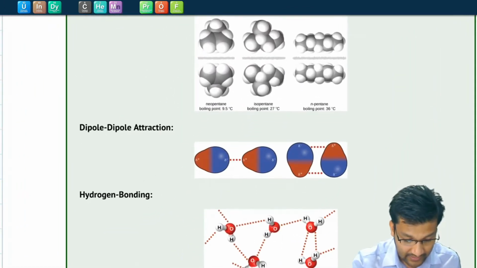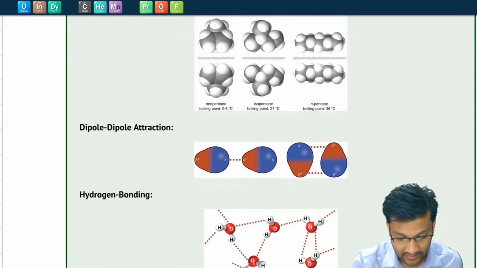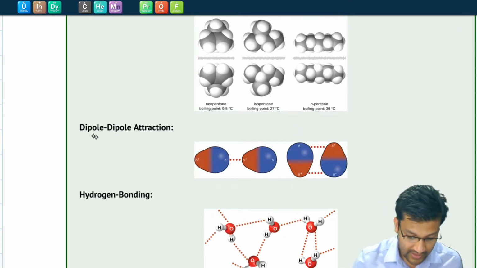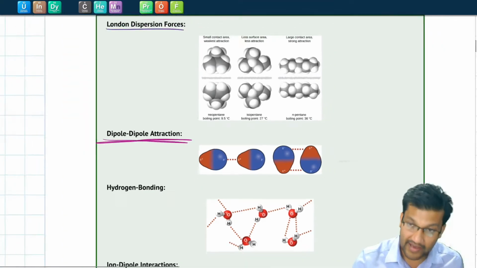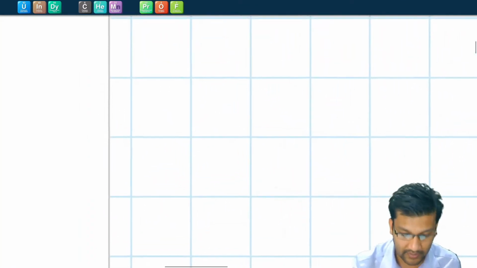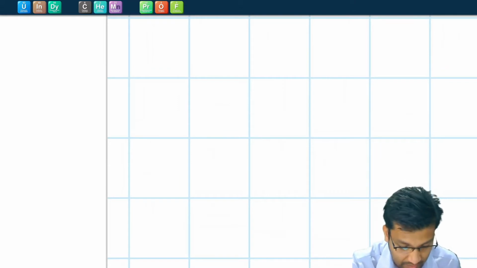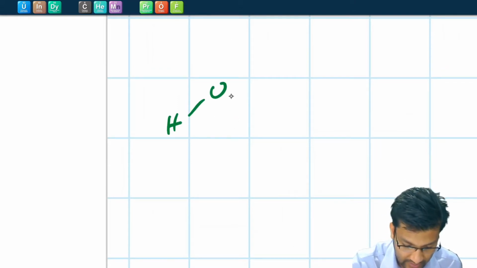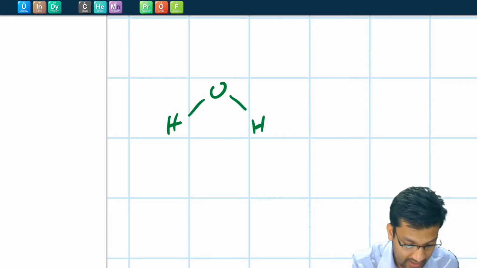The second weakest interaction that we're going to look at is dipole-dipole interaction. And it's exactly what it says. So let's say you have a molecule with a dipole moment. Water is a good example, right? O, H, H. We know that oxygen is slightly more electronegative. This has a bent structure.